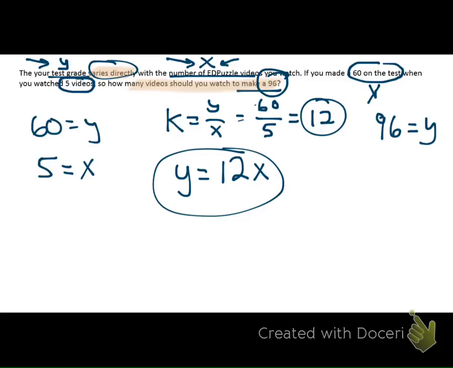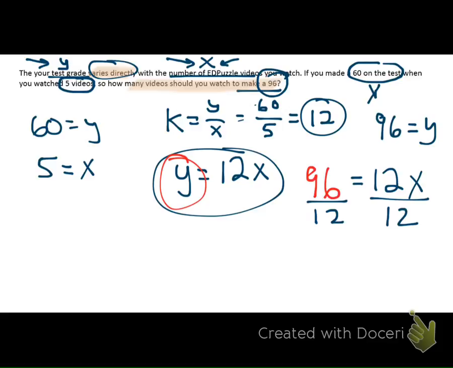Just like in the last example, instead of writing my y, I'm going to write 96, because I know that's my y in this situation, equals 12x. And now I can solve the equation, dividing both sides by 12, and I see that my x is actually 8. So watching 8 videos will make a 96, and now I'm able to solve that.